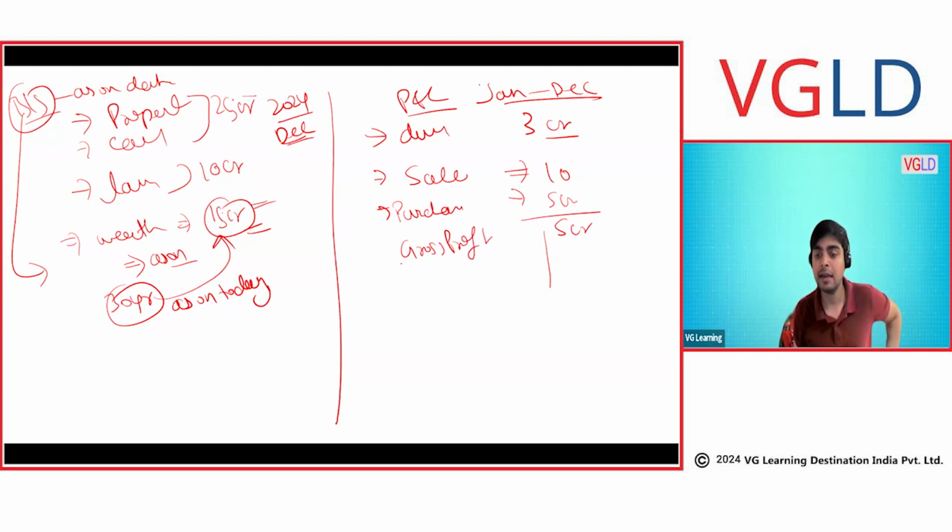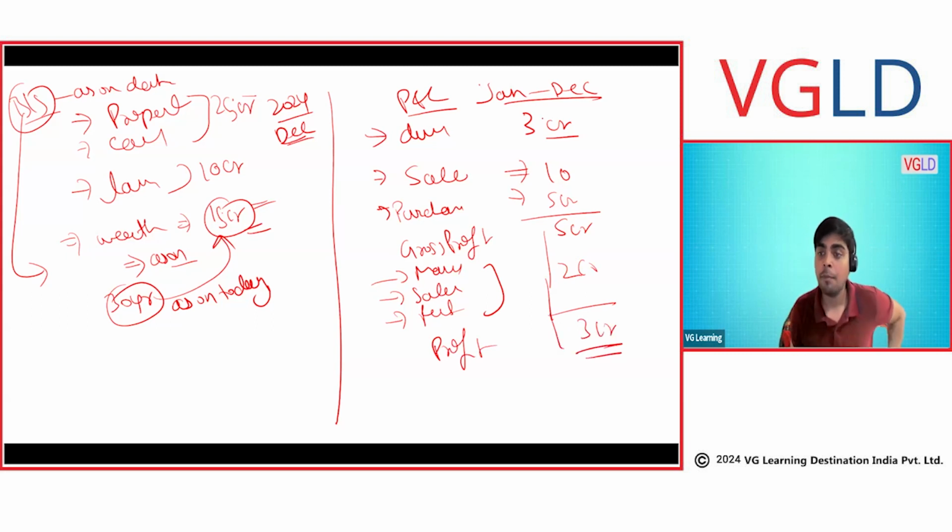Then I incurred the marketing expenses, salary of my employees, rent of my office. All this cost me, sorry, 2 crore. So my ultimate profit comes out to be 3 crore. Now, if I look at it, my wealth increased by this 3 crore.